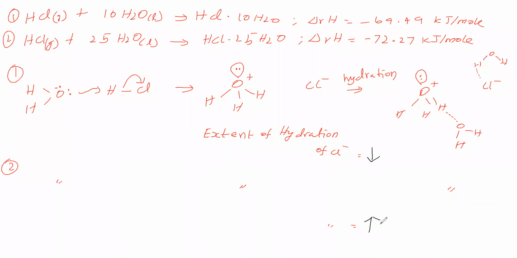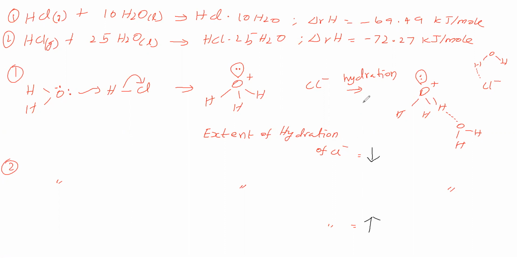What is extent of hydration? The concentration, or population, of water molecules present in the hydrated ion is called the extent of hydration. In the first case, the quantity of water is low, therefore extent of hydration is low, whereas in the second case it is high.